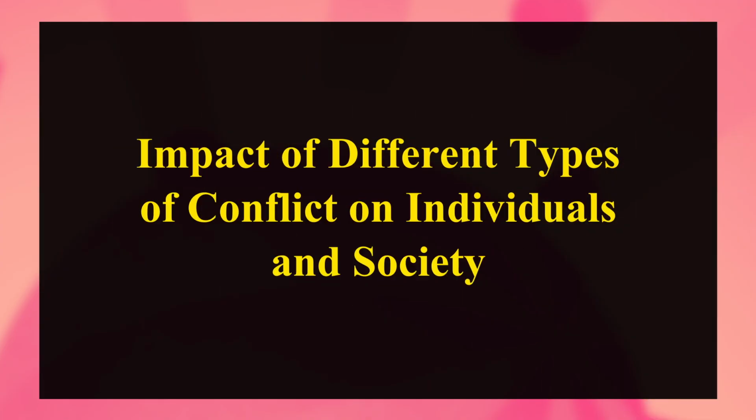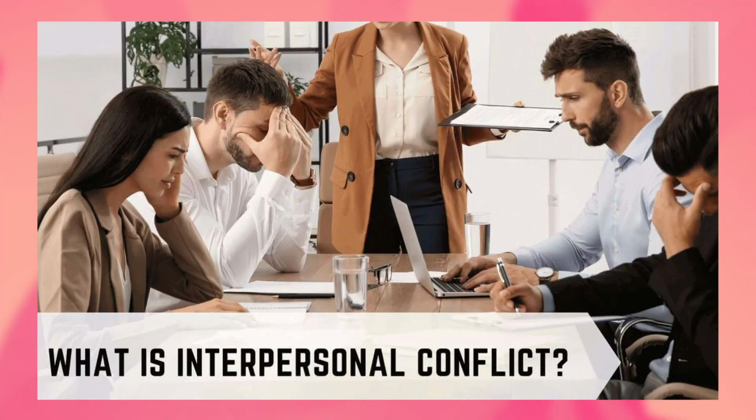Dear students, now let us try to understand the impact of different types of conflict on individuals and society. Different types of conflict affect individuals and society in different ways. For example, interpersonal conflict may cause stress and anxiety but can improve communication when resolved.